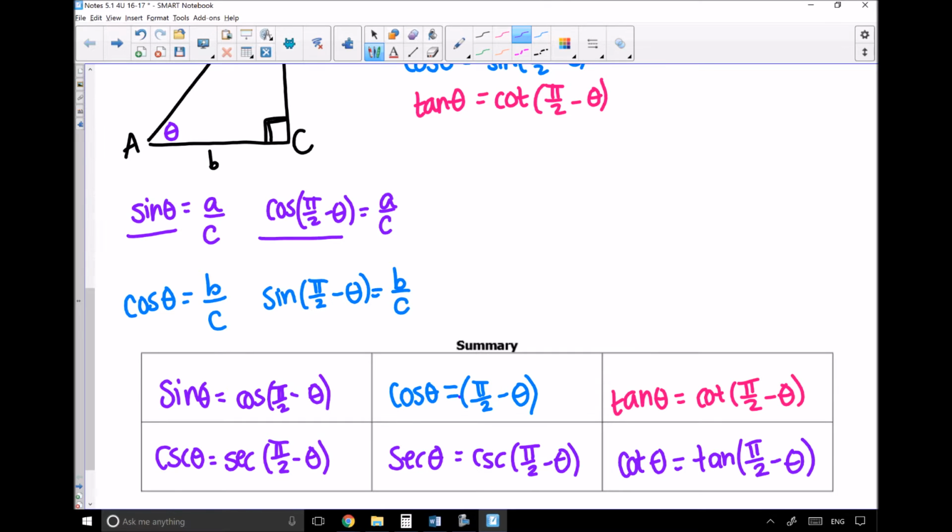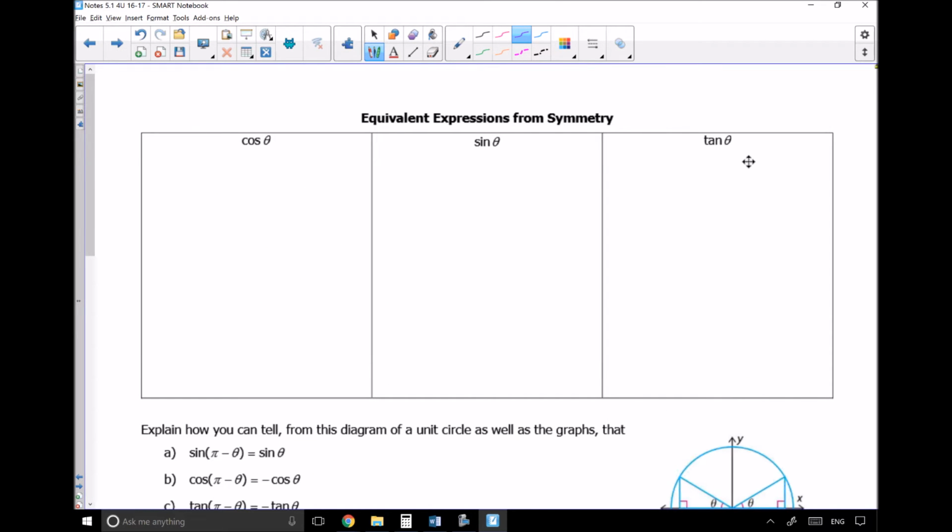Okay? So now we're going to look at equivalent expressions from symmetry, and we're going to take a look at this from two different perspectives, from the unit circle perspective as well as from a graphical perspective. But I just want to remind you, for symmetry, we either have odd, or even, or neither, right? And if a function is odd, then we can say that f of negative x is equal to negative f of x.